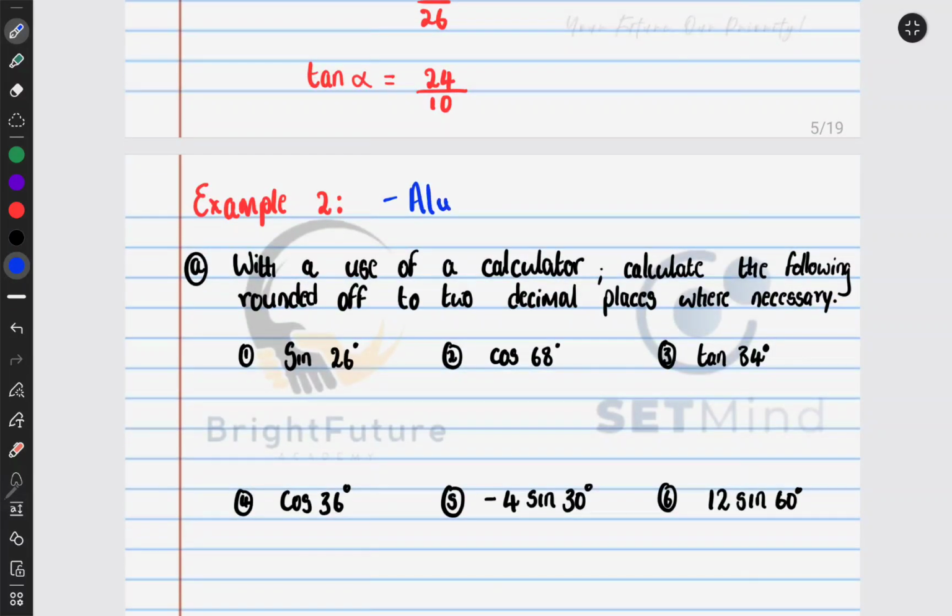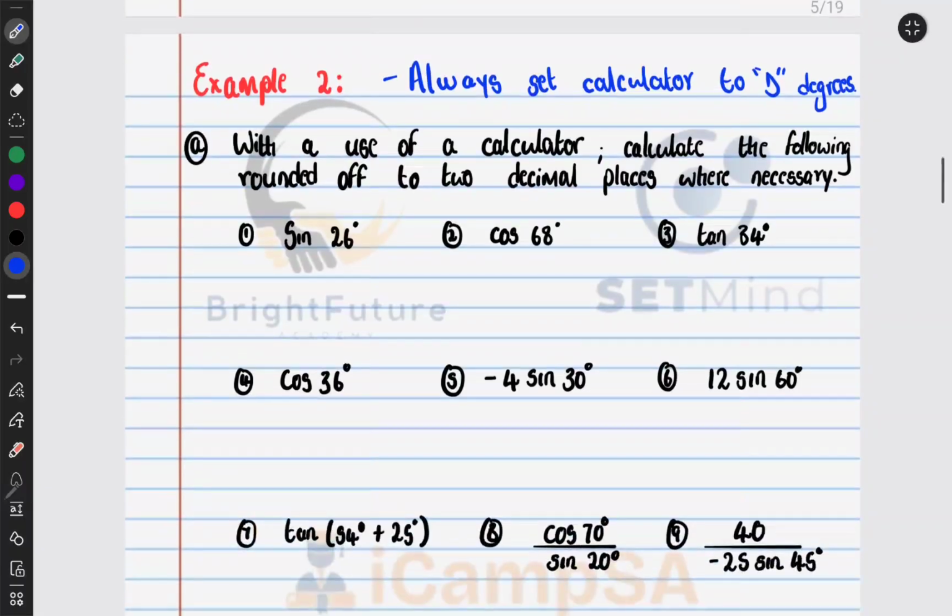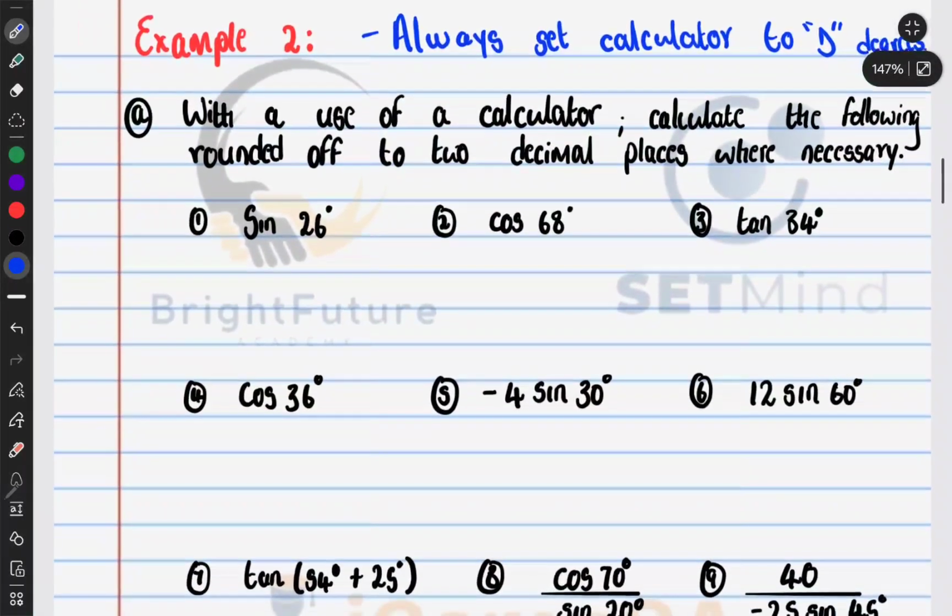Always set calculator to D, which is degrees, so that you're going to get the correct answer. Okay, so let's quickly do these ones, and then we have to round off to 2 decimal places.